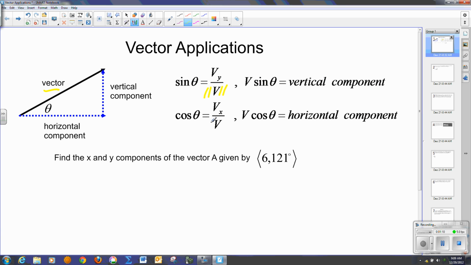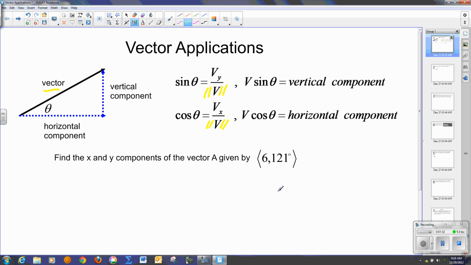Likewise, if I take the cosine of this angle, that's equal to the x component over the magnitude of the vector. And thus, if we multiply the magnitude of the vector to the other side, I get the magnitude times the cosine of the angle is equal to the horizontal component.